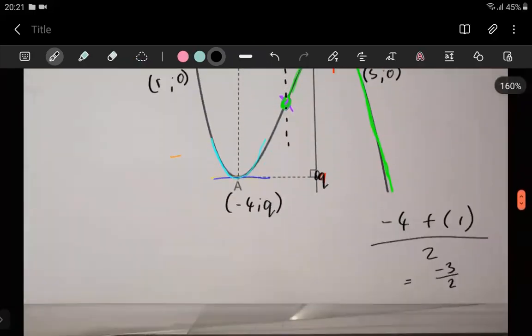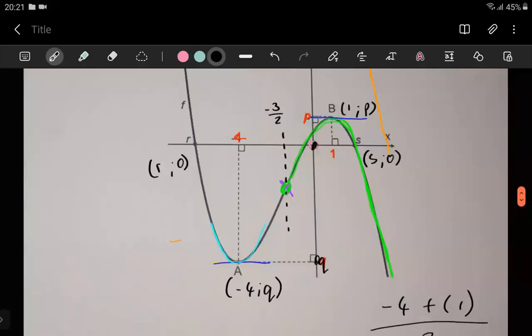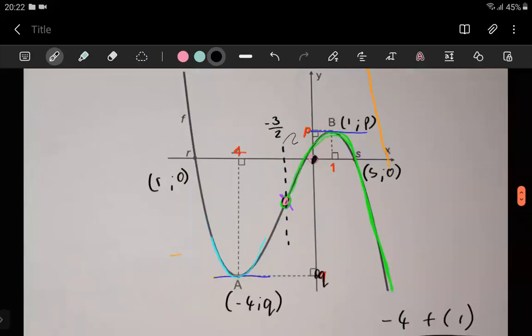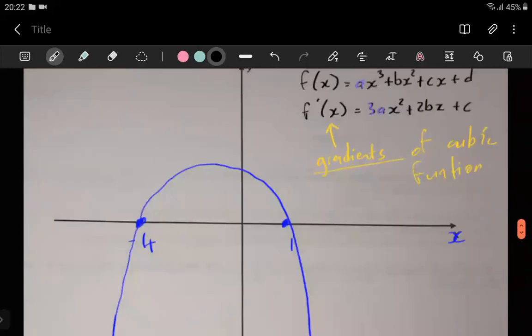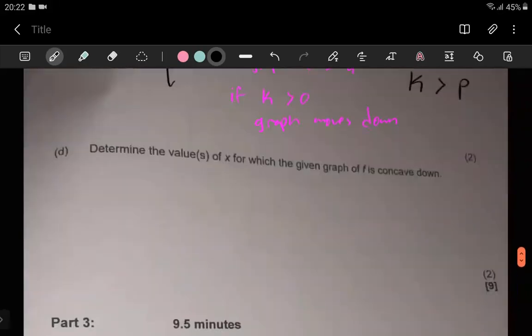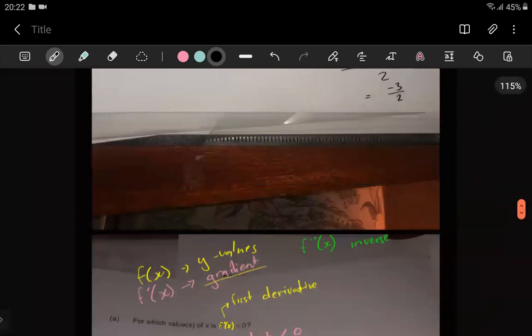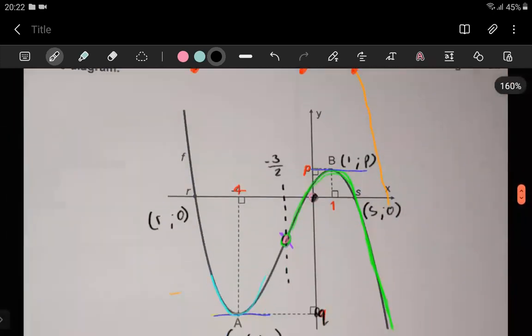So if this x value is -3 over 2, it means that the side that's concave down is the side that has x values that are bigger than -3 over 2. So the answer here, we're just going to say our x values are bigger than -3 over 2, because the portion where our x values are bigger than -3 over 2, that portion is concave down.